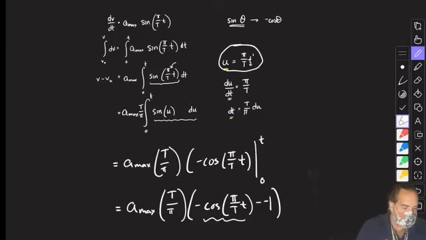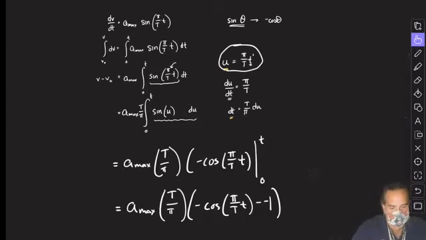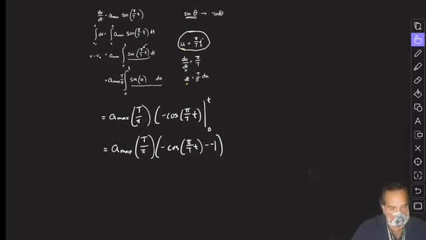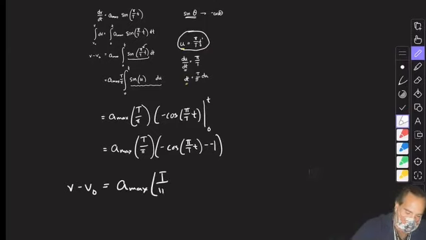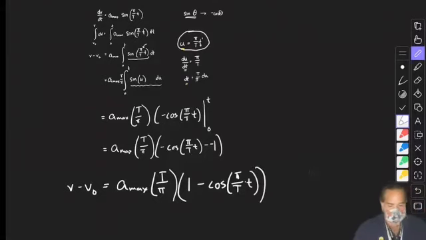Now I'm done. I could write it neater, and I should, so that we keep getting a more convenient solution. So V minus V naught equals A max times T over pi times 1 minus cosine pi over T times T. That's the answer.